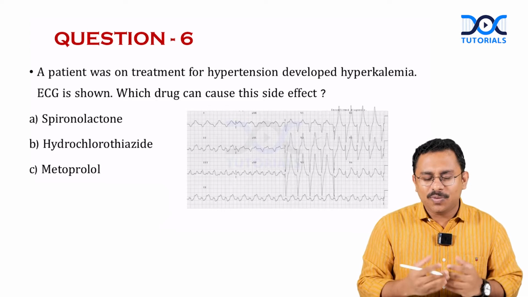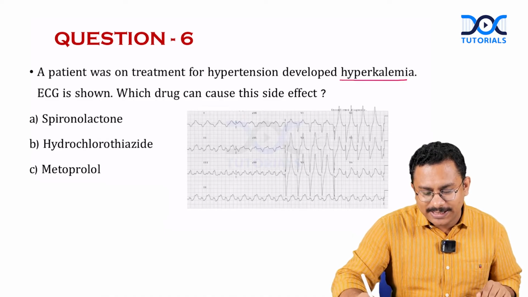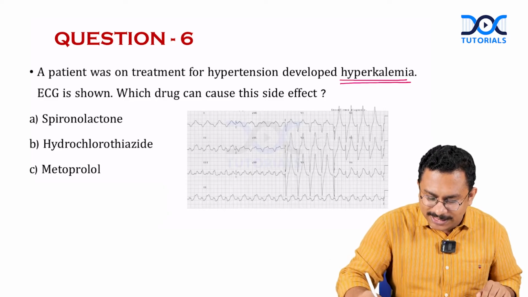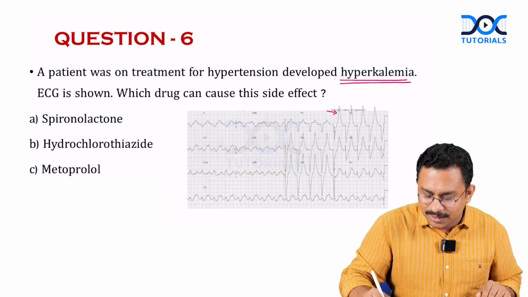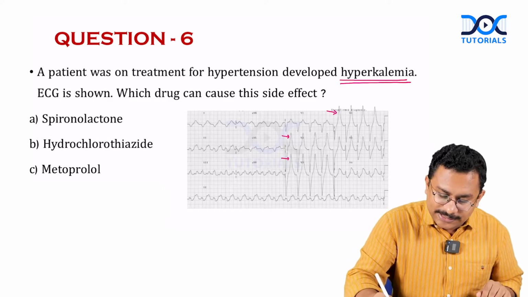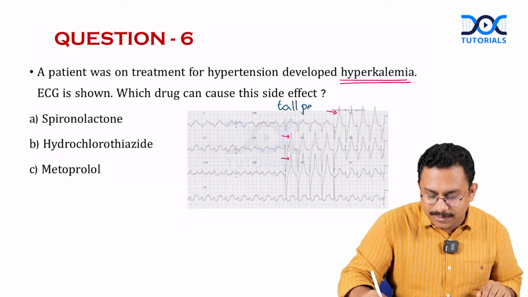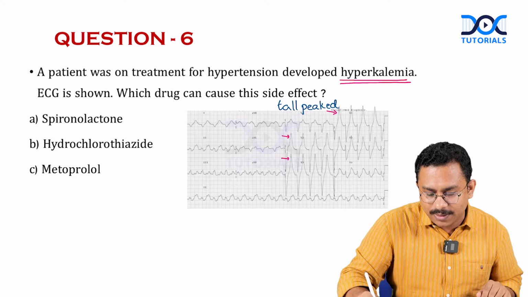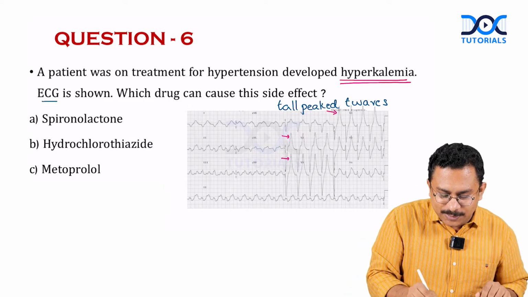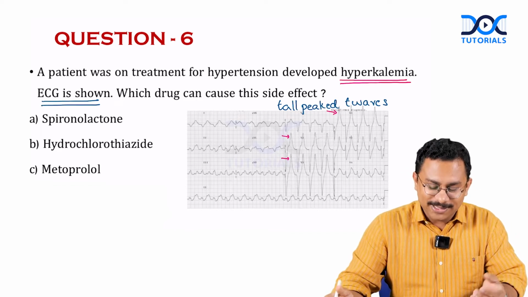Based on the recall I got from the students, the question already mentioned the patient had hyperkalemia, and the ECG showed tall peaked T waves, once again substantiating that this patient is having ECG changes of hyperkalemia.